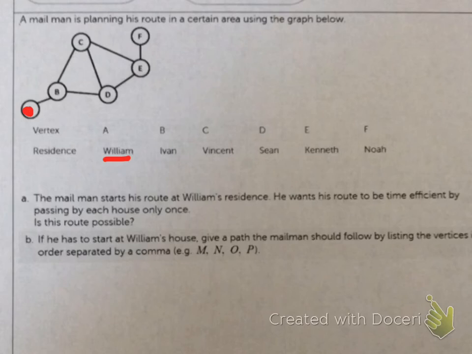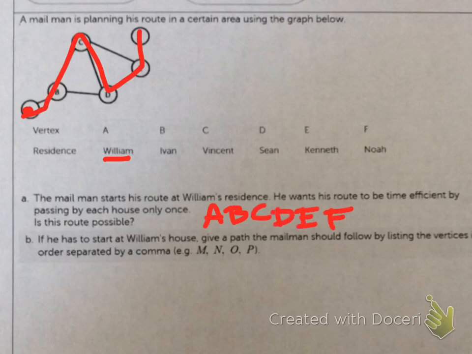Is this route possible? So he can only go by every house once. So how about he goes just like that? So we went A, B, C, D, E, and F. That was a Hamiltonian path that got us from one spot to the next, passing each house only once.